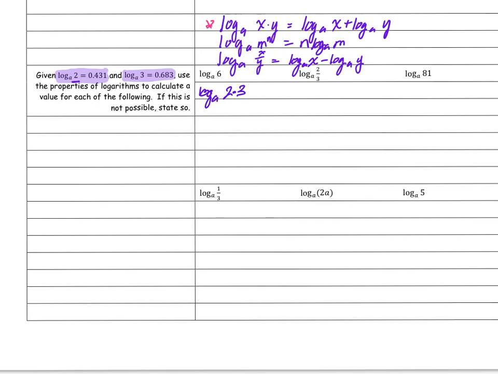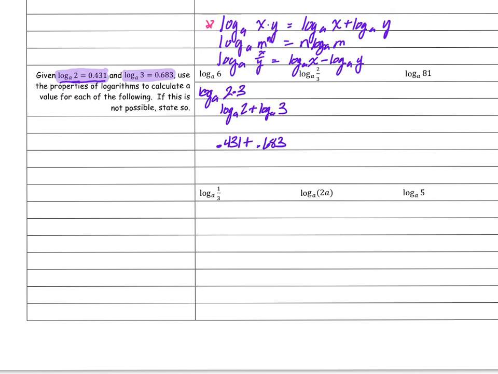So I can rewrite this as log base a of 2 plus log base a of 3. Do I know what log base a of 2 is? Well, yeah, log base a of 2 is 0.431. So that equals 0.431, and I know log base a of 3 is 0.683, plus 0.683.